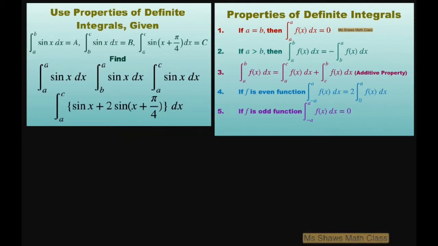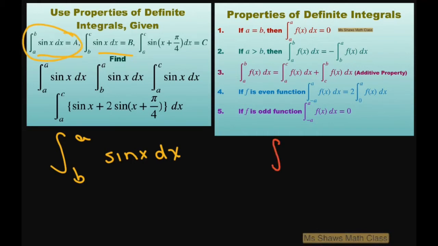The next one, we have the integral from b to a of sine of x dx. According to the information we're given, with b and a in it, it's this one. This one has the b and the a in it. I know it's kind of small, so I'm going to rewrite it. This is from a to b, sine of x dx, and this equals a. And you notice how our limits are flipped around here.